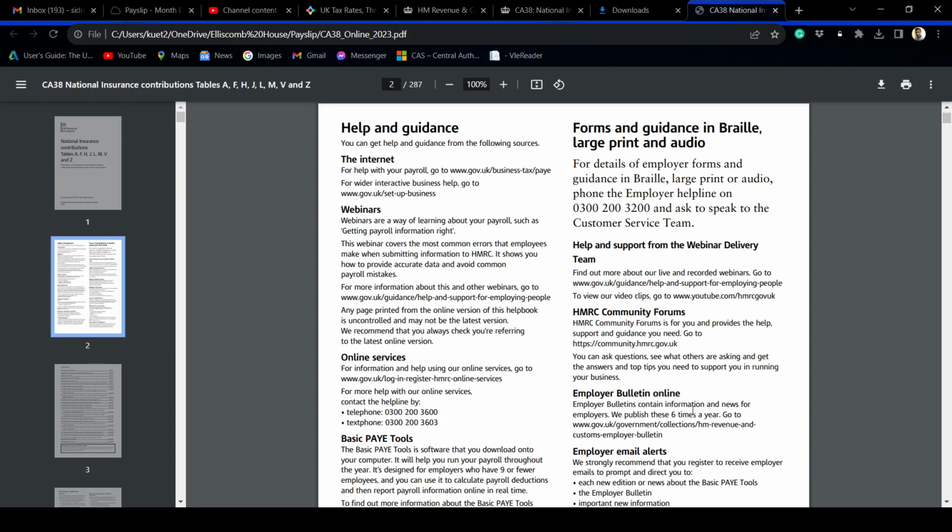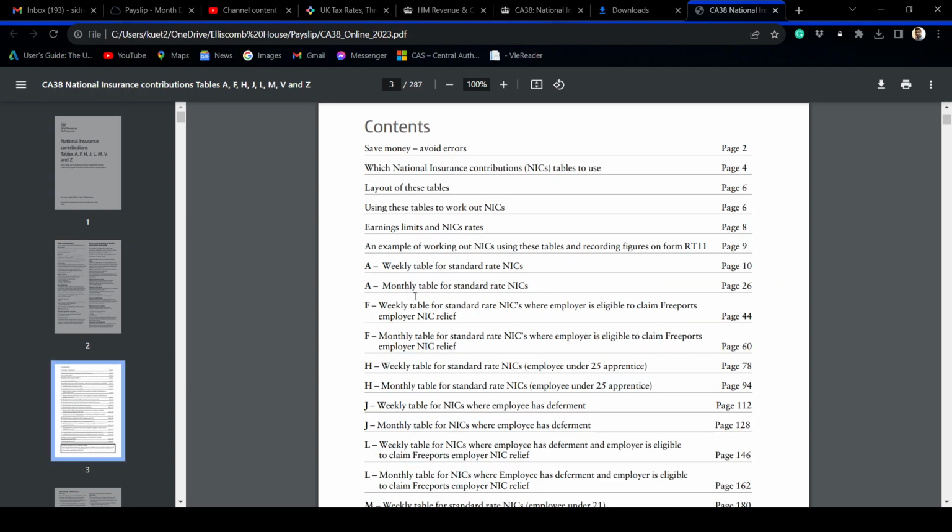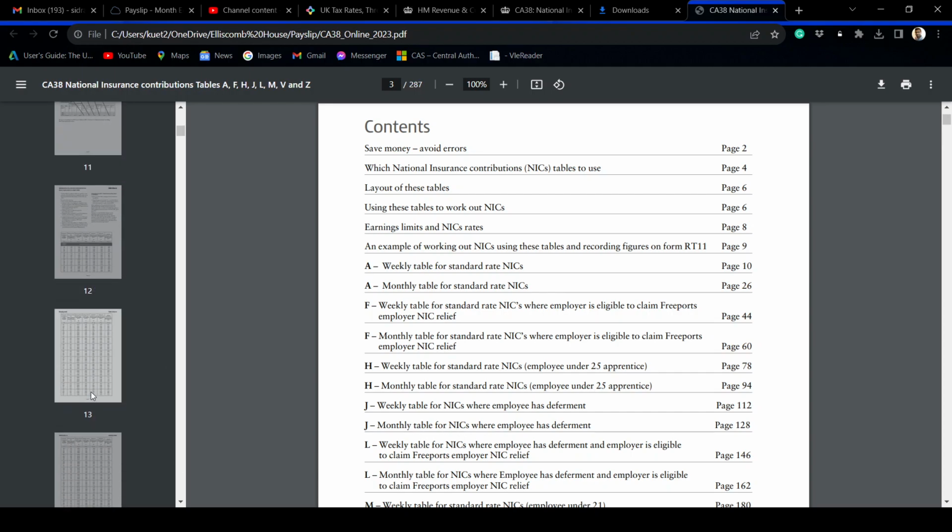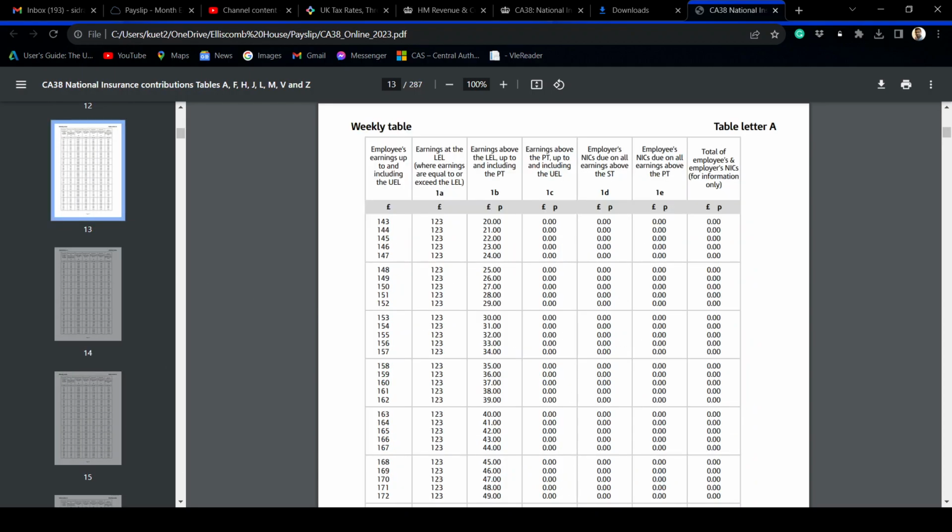Now if you look at these tables, they give salaries, people's approximate earnings weekly and monthly. So you can just go through the weekly table. If you can see the left column, it's saying if you are earning this much amount, then you need to pay your NIC this much.